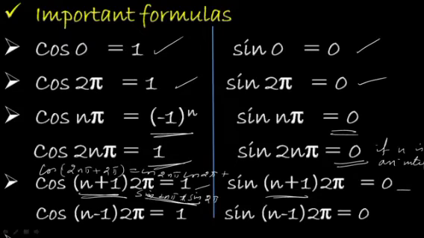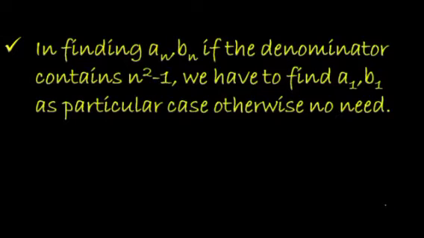So you know sin 2n pi, sin 2 pi, these are 0, whereas cos 2n pi and cos 2 pi are 1, so 1 product 1, 1. Like this you can evaluate and find the value of cos (n-1) 2 pi also, this is 1, whereas sin (n+1) 2 pi is of the form sin(a+b), okay. So while substituting and evaluating, you get 0 itself. So sin (n+1) 2 pi is equal to 0, and sin (n-1) 2 pi is equal to 0.